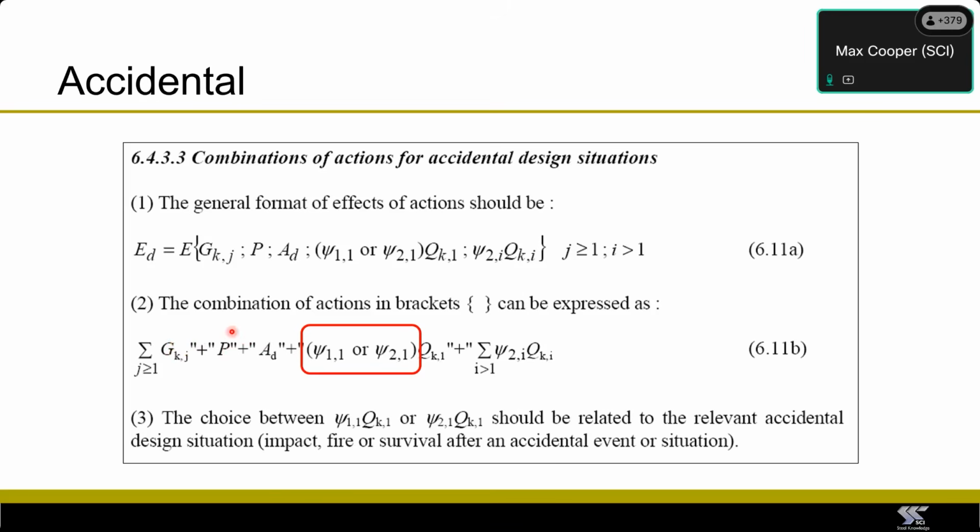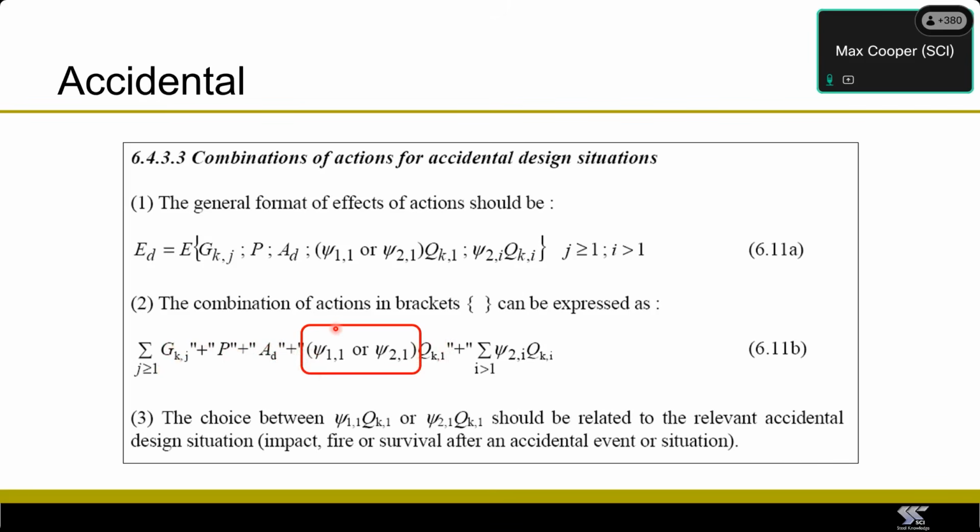We've got the prestressing terms, which we're going to ignore, not very common for steel structures. We've got the accidental action, and again, this is unfactored. So we've got the unfactored dead load, the unfactored accidental action, whatever that might be, and then that is combined with the variable actions.